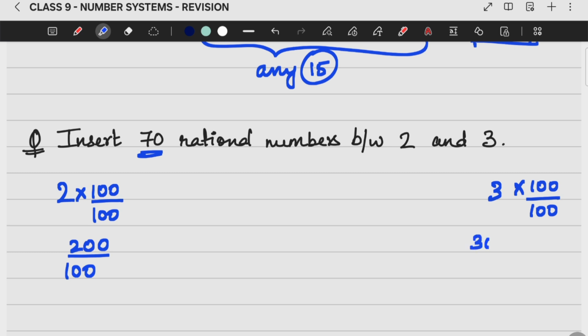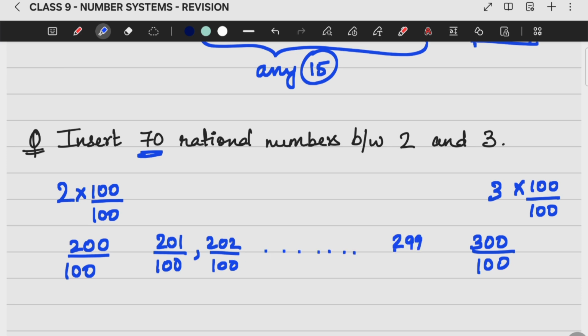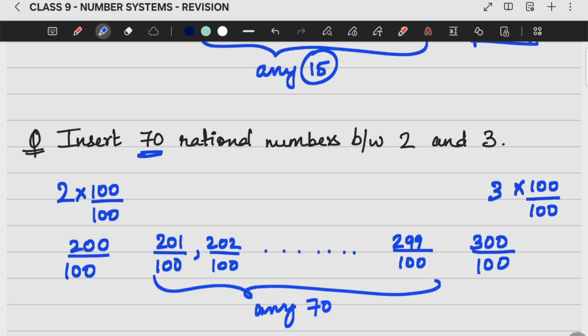Here you will be getting 300 by 100. Now you can choose any 70. Starting from 201, 202 to say 299 by 100. You can choose any 70. Any 70 numbers. That will be your answer.